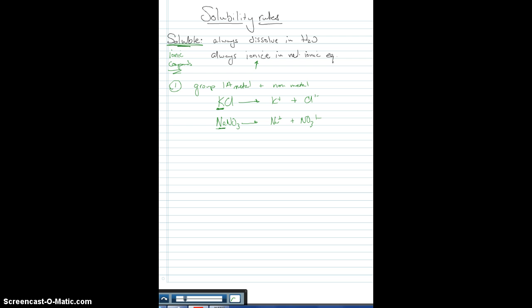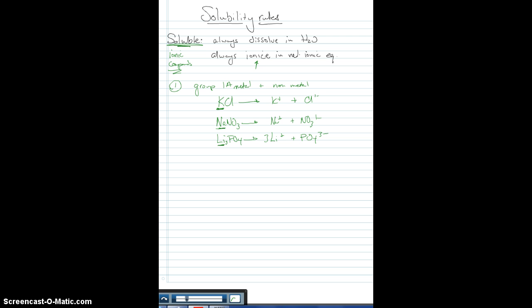And we'll throw one more out there, say lithium phosphate. This one does contain lithium, group 1A once again, and we have 3 of those for one phosphate ion. So the thing to remember is if you have a group 1A, you're always going to be soluble.